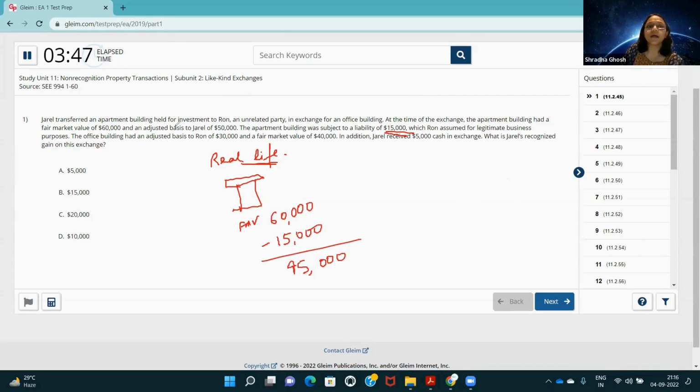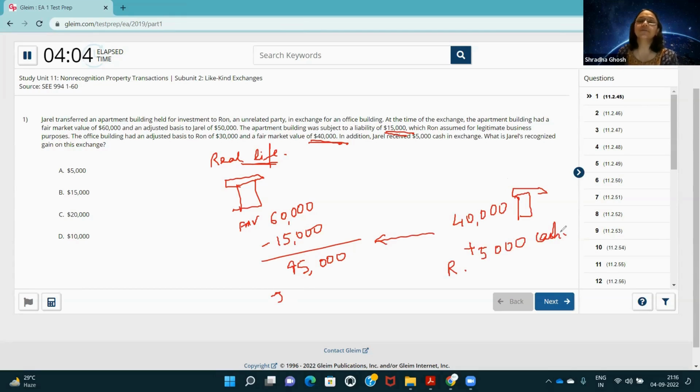So what I did, I am giving you something which has a market value of 40. So this is J and this is R. So what is R giving you? Something which has a market value of 40, another building. That is why R also agrees to give you 5,000 in cash. Does this make sense? In real transaction, are you seeing what is happening? I am taking something worth 45 and I am giving you something worth 45.